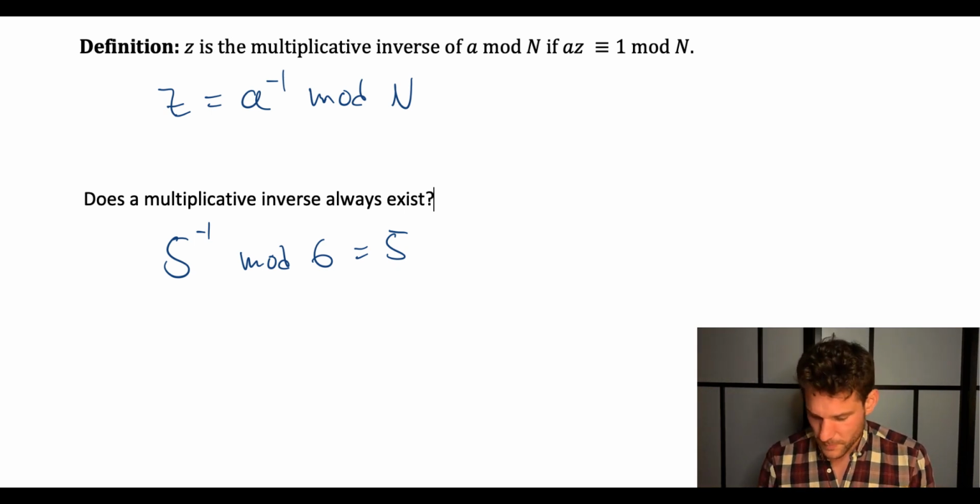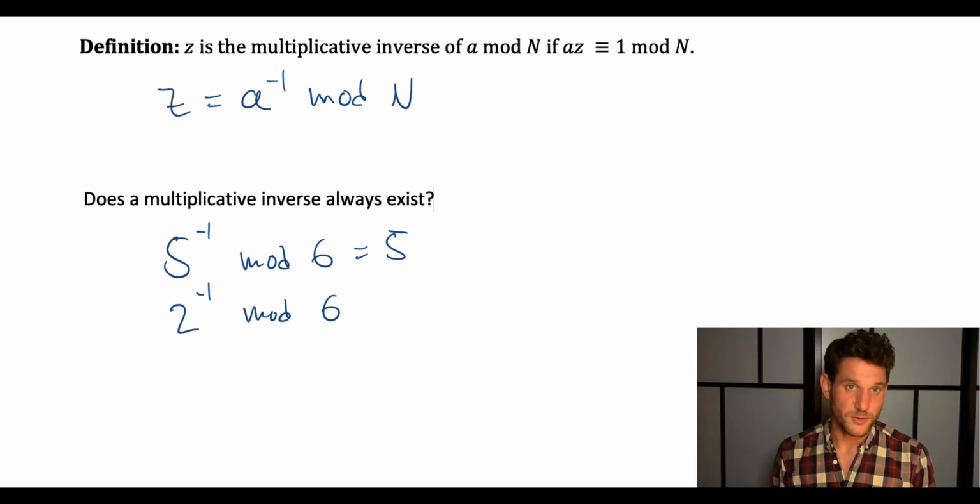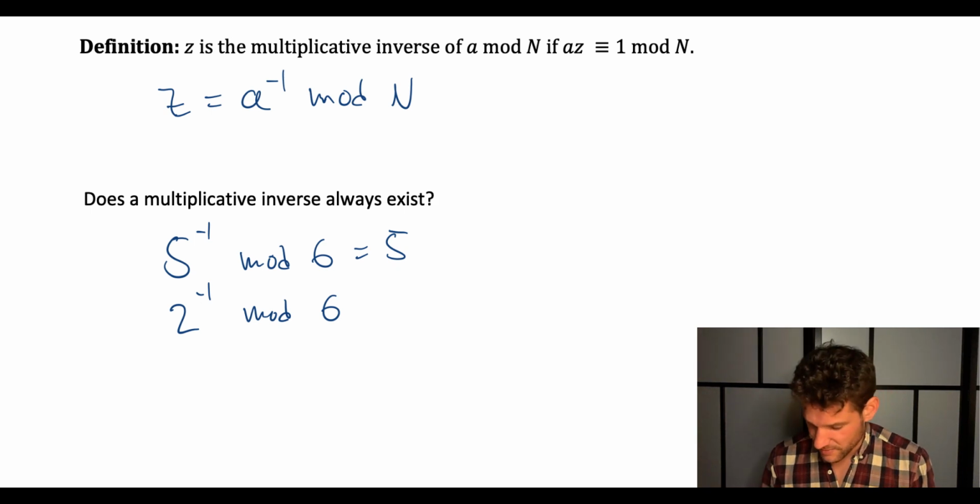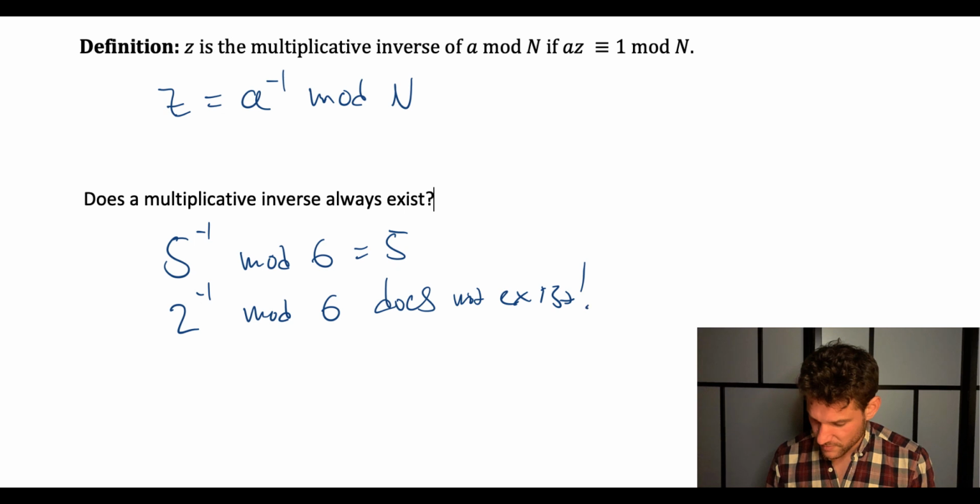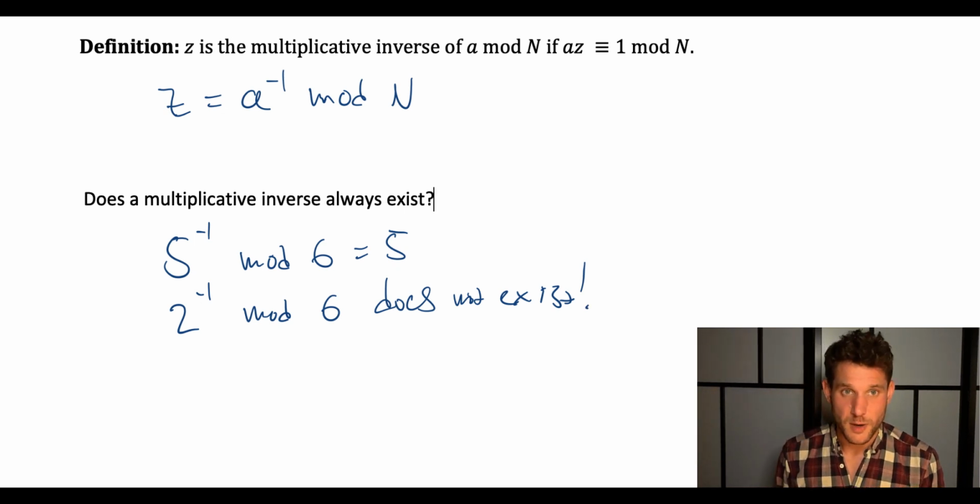But what about 2 inverse mod 6? It turns out that it does not exist. If you try to find a number that you can multiply times 2 mod 6, you'll never find anything that equals 1 mod 6.